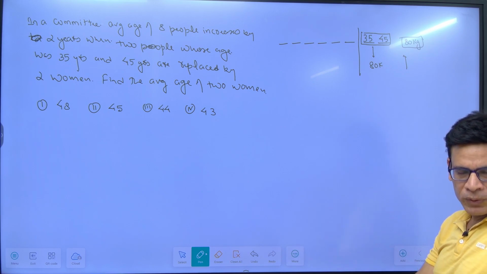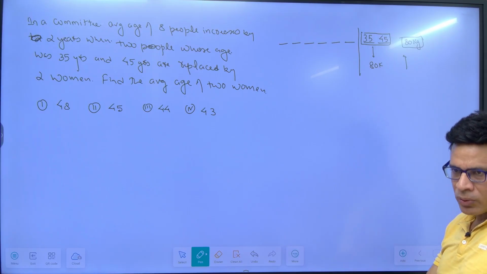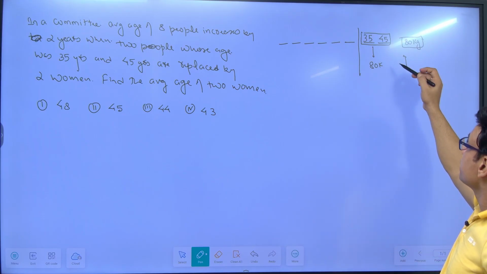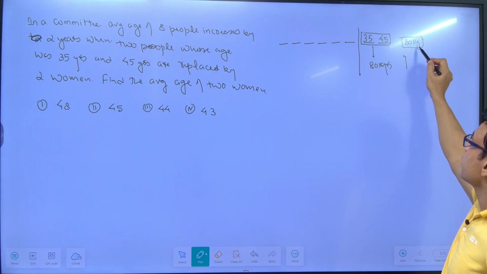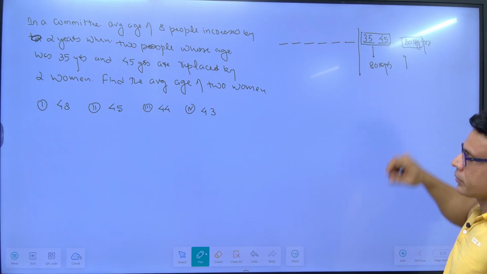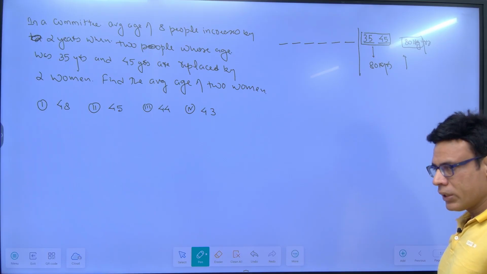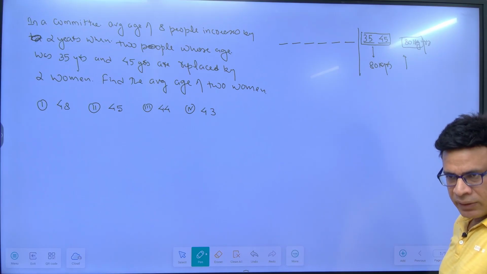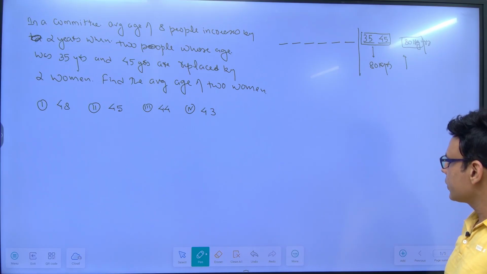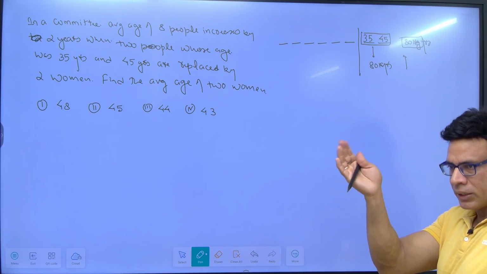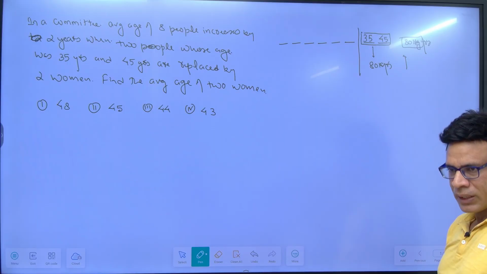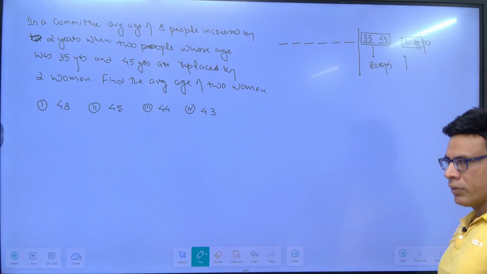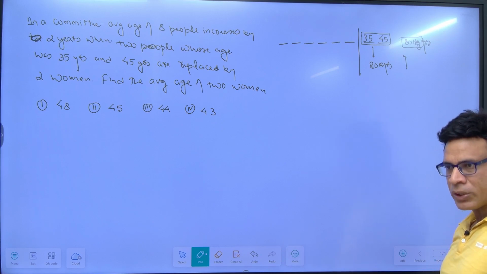That means these two people who are coming in are carrying more, right? First they will keep the age which is going out, the same age, 80. If 80 is going out, the two people entering this group will first keep 80 with themselves, because 80 is going out.